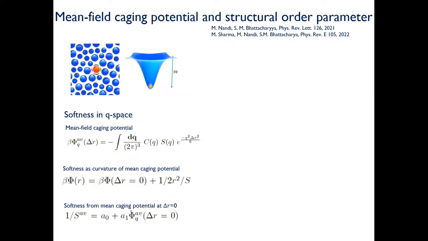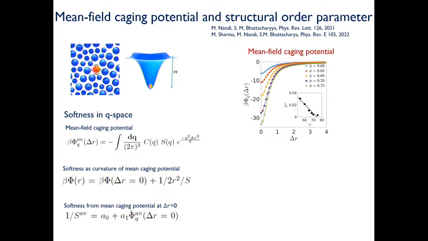This is the expression for the effective potential that a particle feels, and C of q is the direct correlation function, S of q is the structure factor, and C of q is dependent on S of q. So essentially, all you need to know is the structure in the system. If you know the structure, then one can derive the effective potential in the system, and what is being shown here is that effective potential.